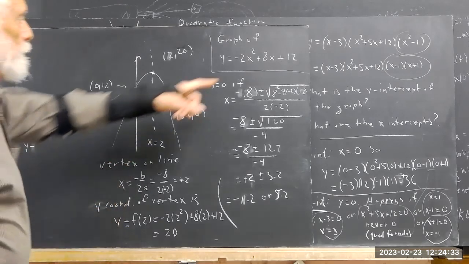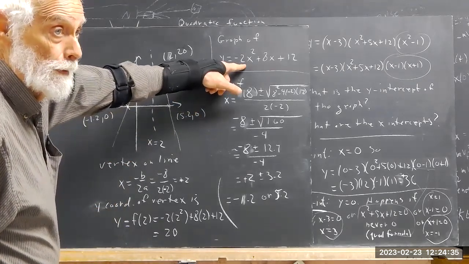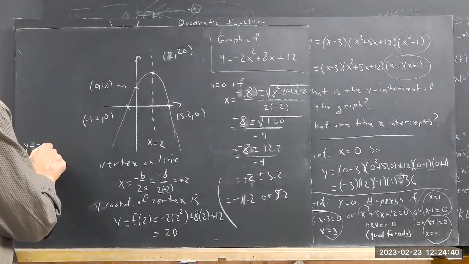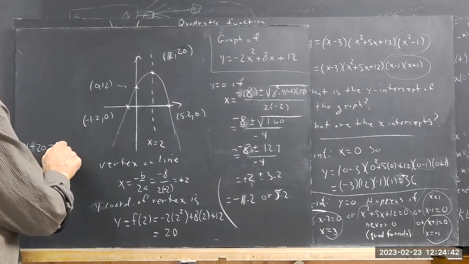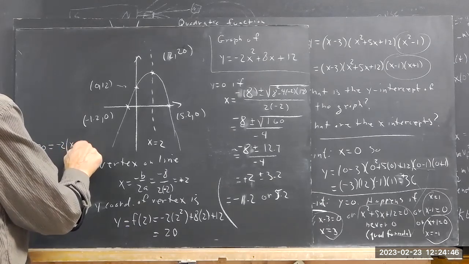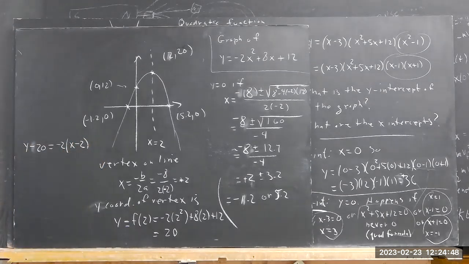the equation of this graph is going to be y minus 20 equals negative 2 times x minus 2 squared.